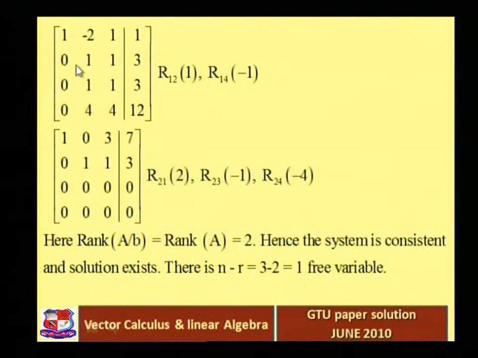So you will get 0 into 2 plus 1, so you will get 1. Then 1 into 2, 2 minus 2 is 0. Then 1 into 2 plus 1, so you will get 3. Then 3 into 2 is 6 plus 1, you will get 7 here.